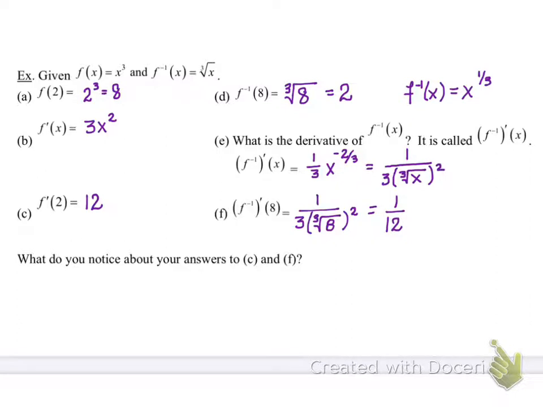Now, notice that f prime and the derivative of the inverse are multiplicative inverses. I think that's what it's called, multiplicative inverses. Somebody used to correct me on one of those things. I hope I'm using the right words. Okay, so one is 12 and one is 1/12. Well, that brings us to our next bit, and it's very, very useful.